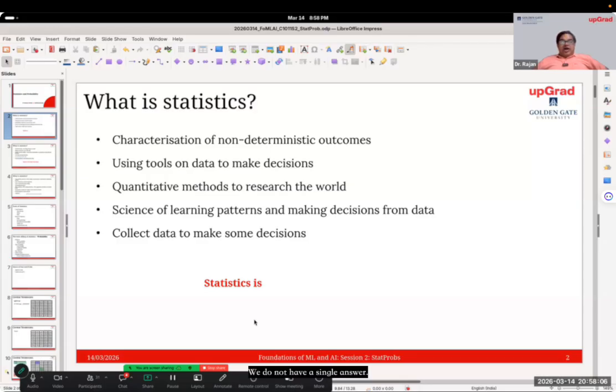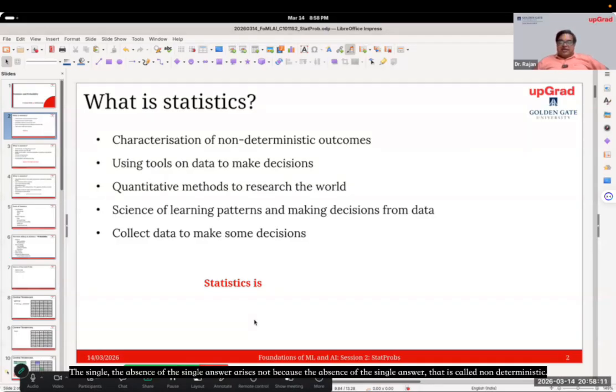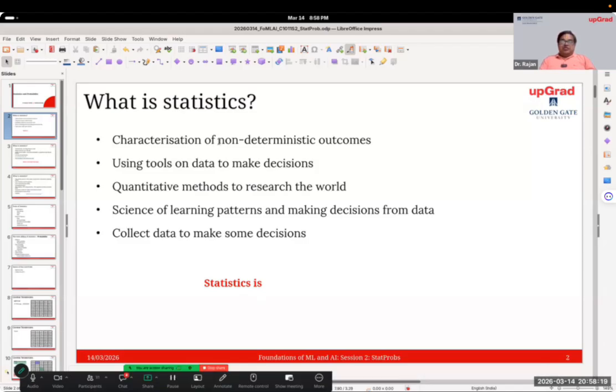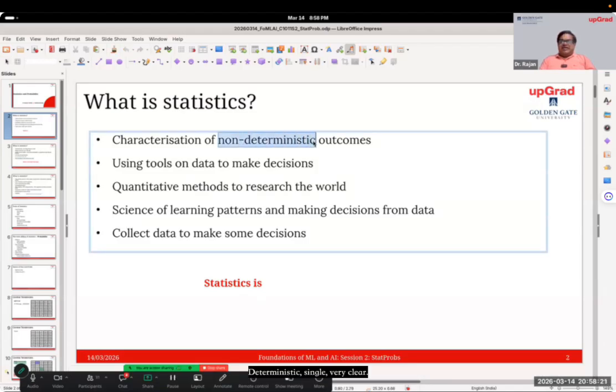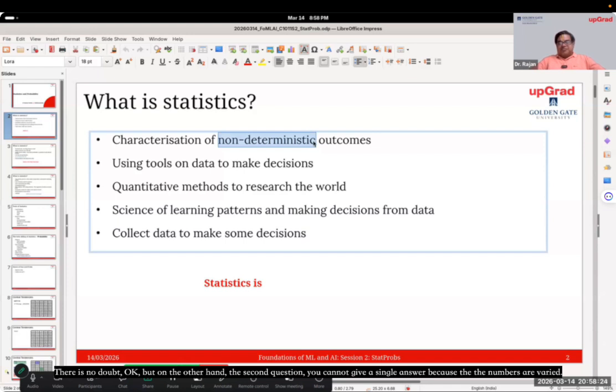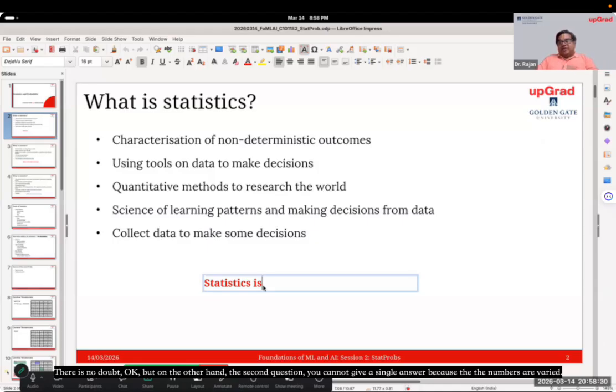The absence of a single answer is called non-deterministic. Deterministic is single, very clear, no doubt. But for the second question, you cannot give a single answer because the numbers are varied.